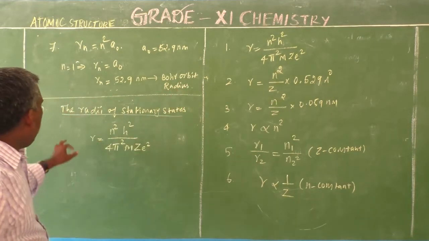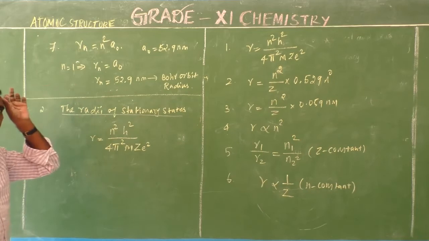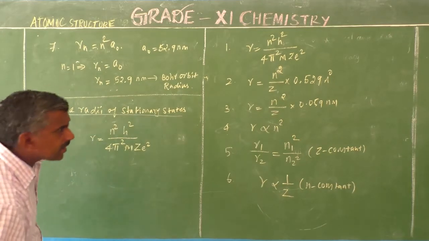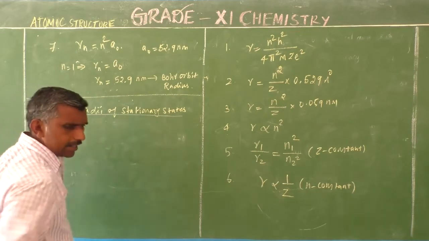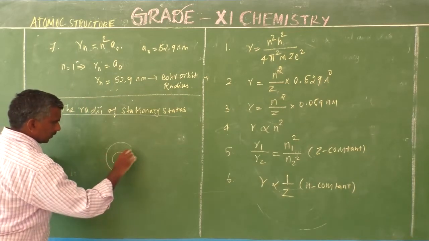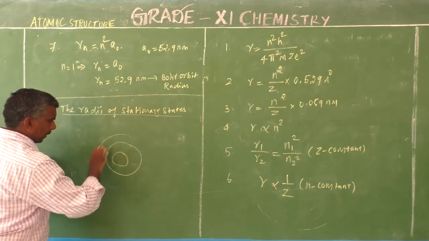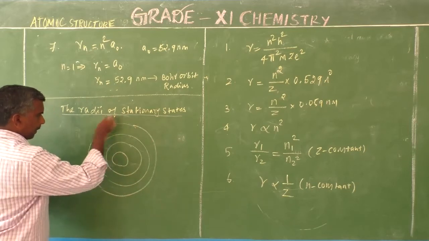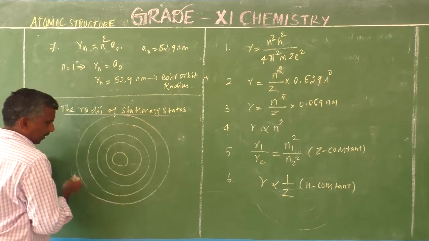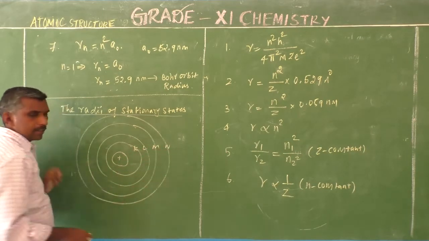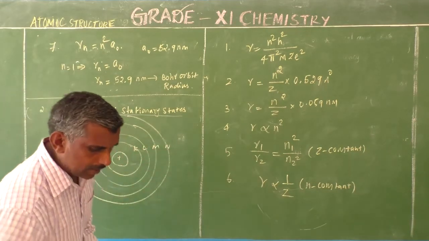Second, the radius of stationary state. Stationary state means what? This is a positive nucleus, K shell, L shell, M shell, N shell. This radius is known as stationary state.